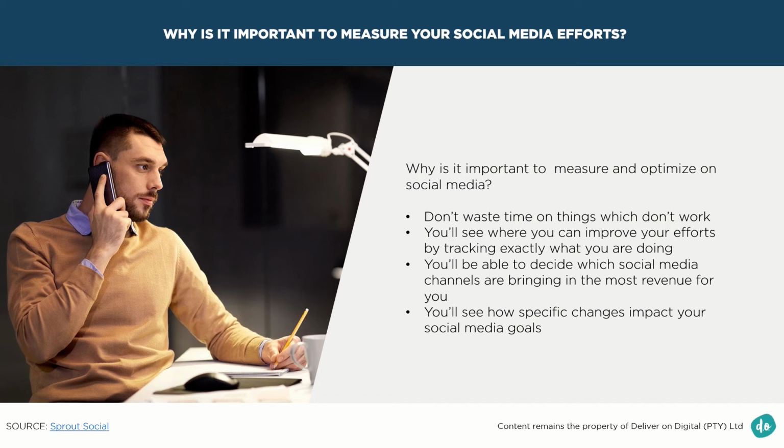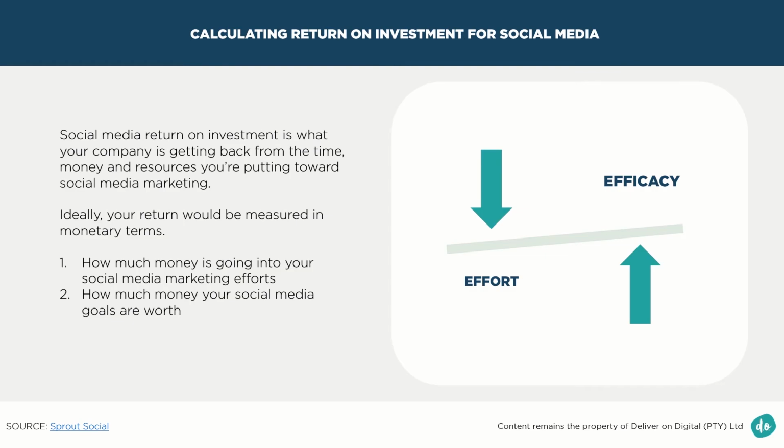So when you make basic tweaks to your social media, what is the impact that then has on your overall marketing? In terms of calculating return on investment or ROI on social media, this is really important. So social media is obviously quite a time-consuming thing, and it can be a sinkhole in terms of money and resources. So ideally, we want to be measuring our return in monetary terms.